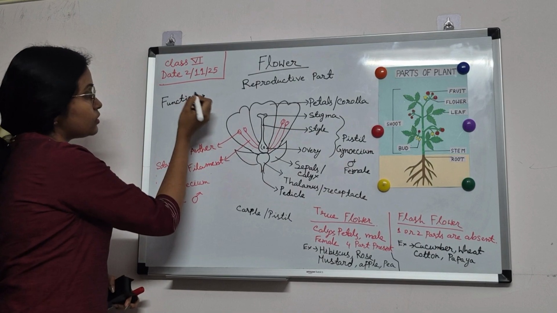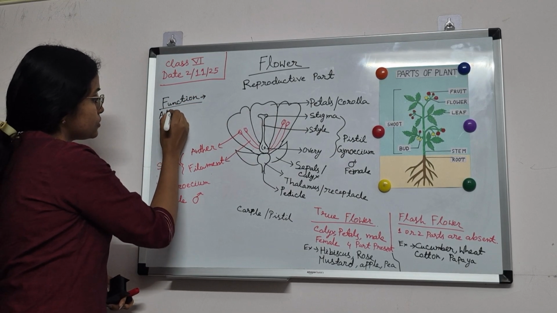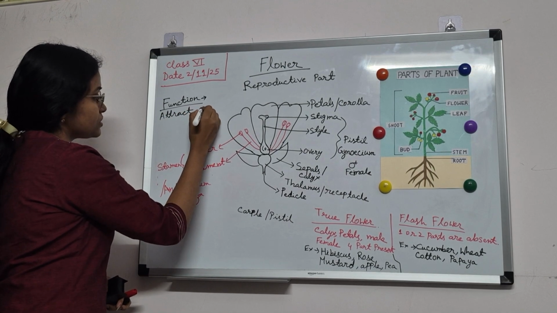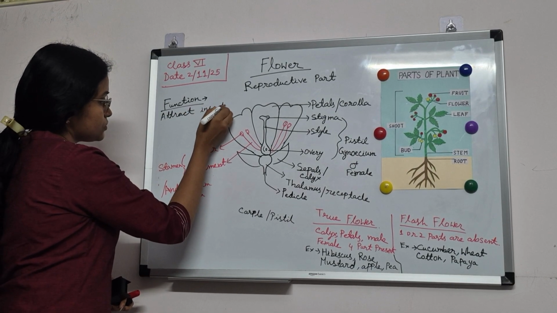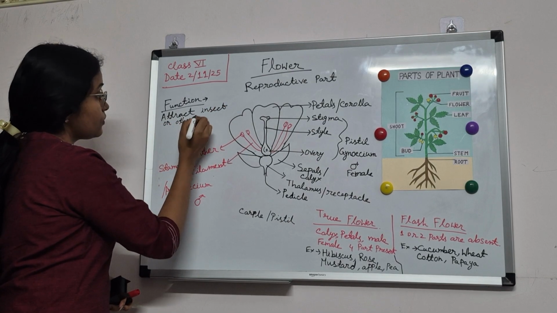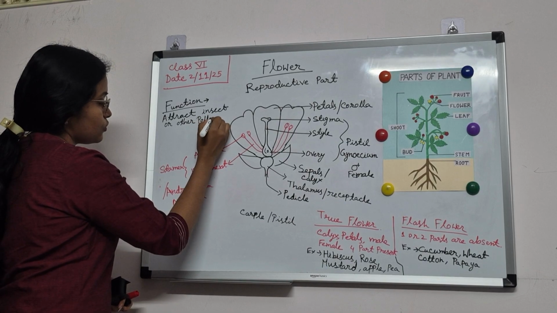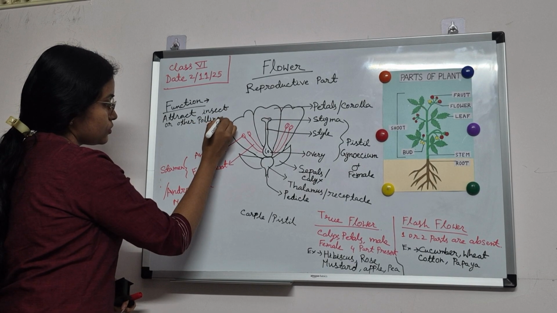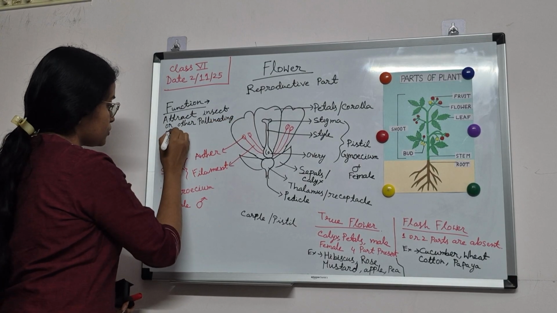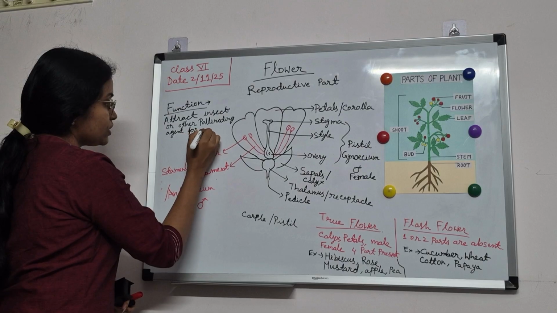The function of the flower is to attract insects or others for the pollination process.